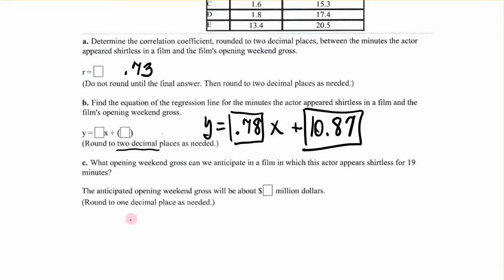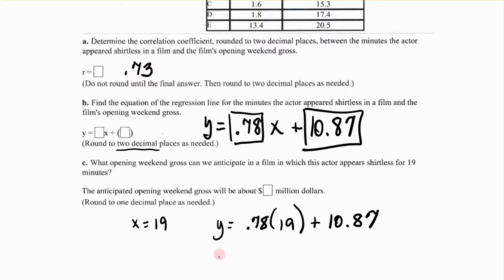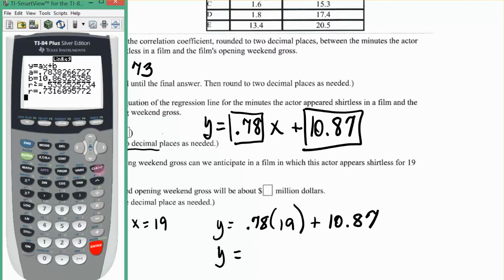All right, so they are giving me an x value of 19 minutes, so y equals 0.78 times 19 plus 10.87. Y is equal to, clear that off, 0.78 times 19 plus 10.87.